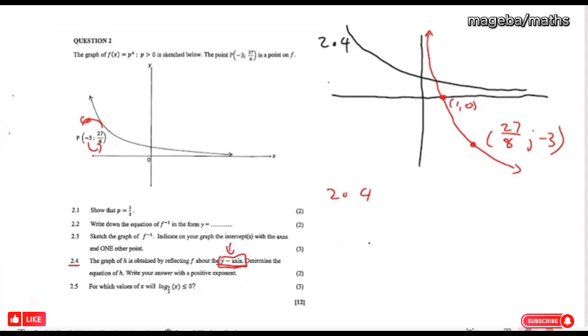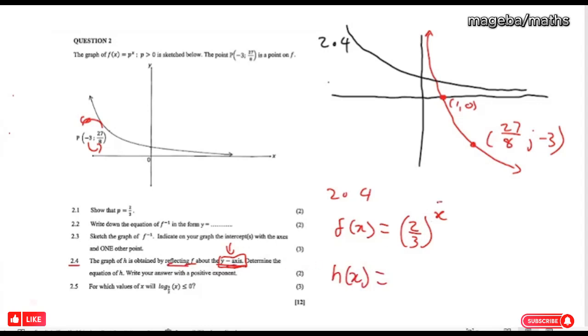Now remember, we are reflecting the f. So we're given the f, which is the original function, 2 over 3 into x, and then they're telling us that h is going to be the reflection about the y-axis.